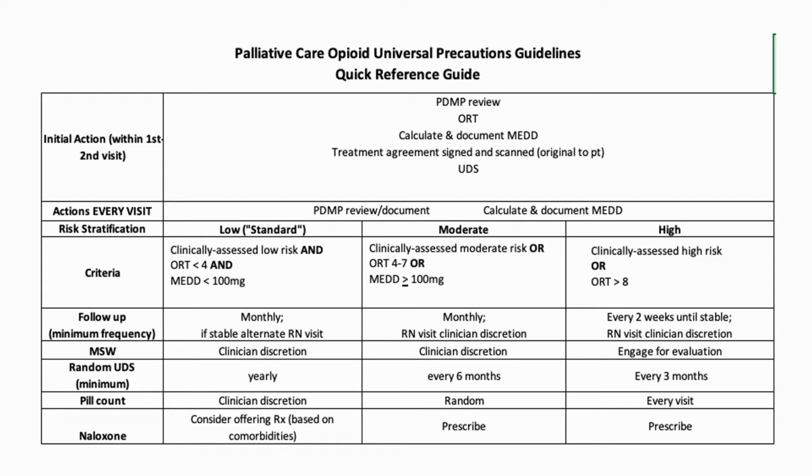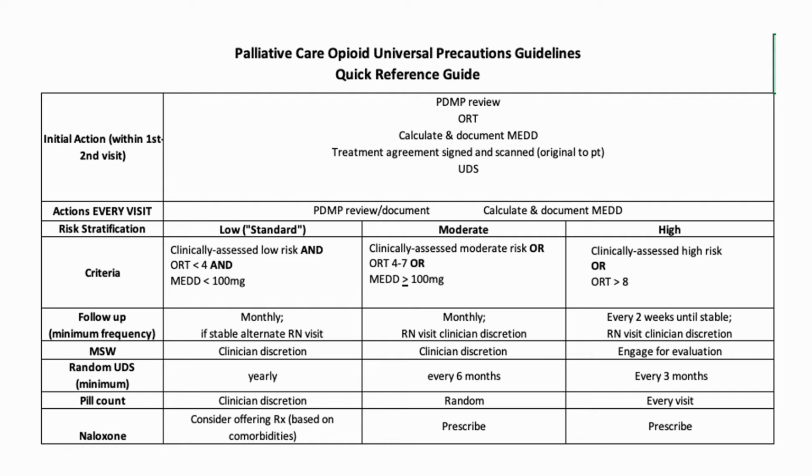If you've clinically assessed that there might be a moderate risk, or their opioid risk tool is 4 to 7, or their morphine equivalent daily dose is greater than 100, which we know is more associated with some challenges in terms of adverse effects, then you're going to at least do your random drug screen every 6 months. Again, because we shifted mostly to telehealth during the pandemic, you may see that this has not been consistently done.